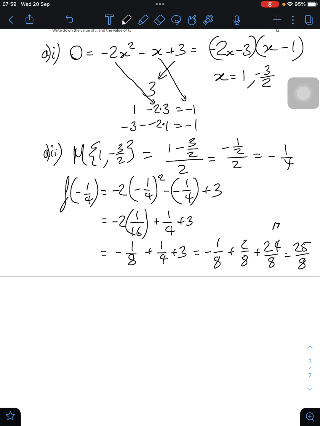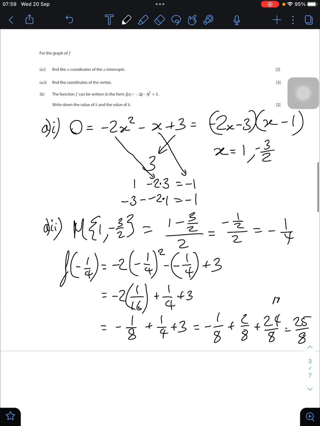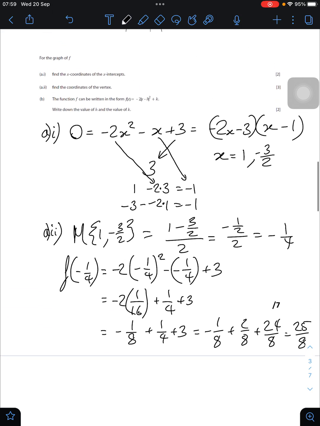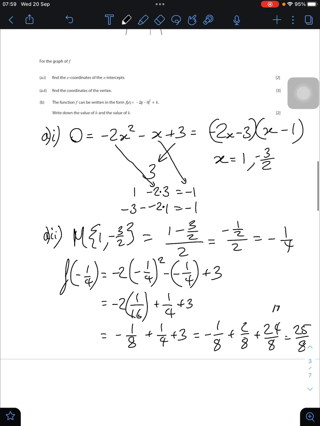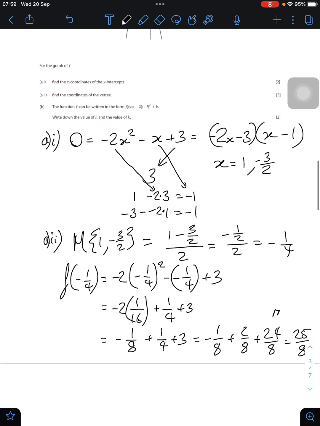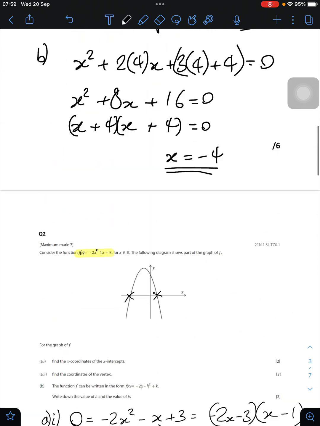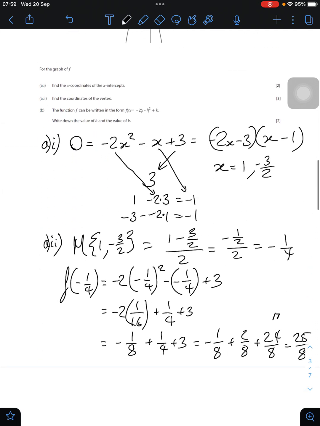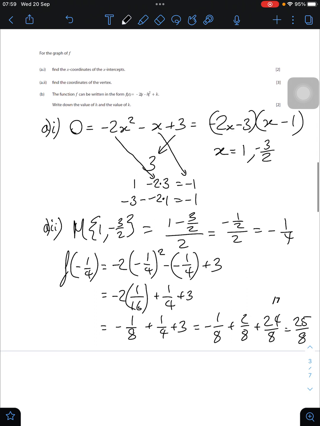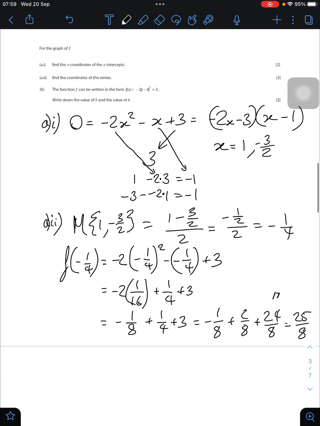And so what we would get here would be this. I think I made an error somewhere. But this is why it's worth double checking your working. Did I write in the equation wrong? Minus. Anyways, let's continue.